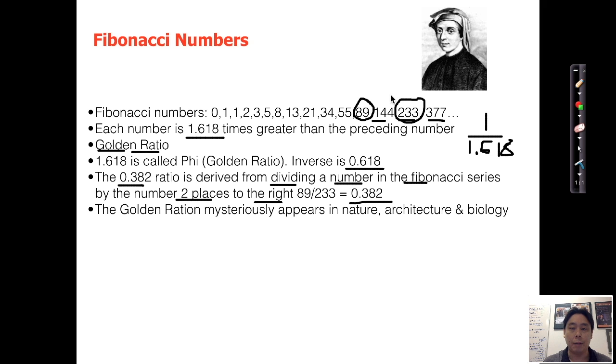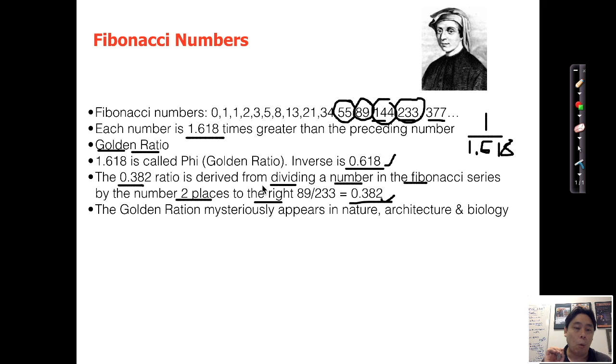If you take 55, right, and you divide it by 144, you get 0.382, so on and so forth. All right. So the most important Fibonacci levels would be 0.382, 0.618. Okay, so these are the 2 most important ratios.